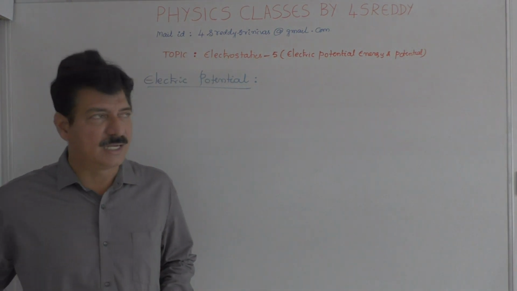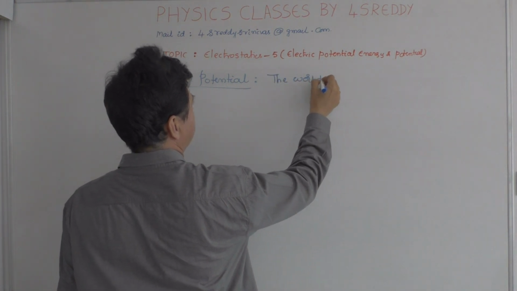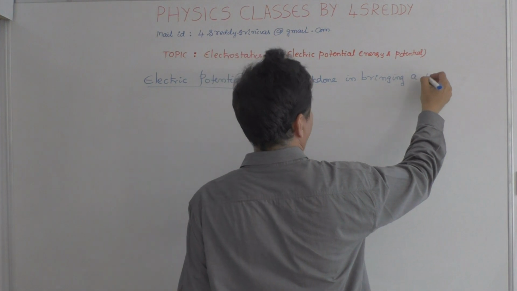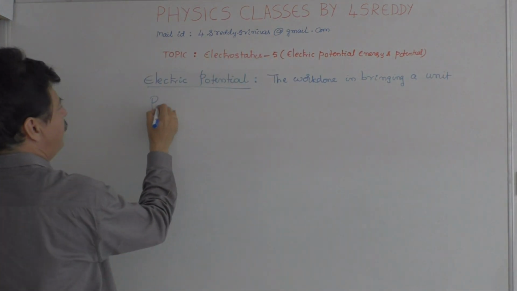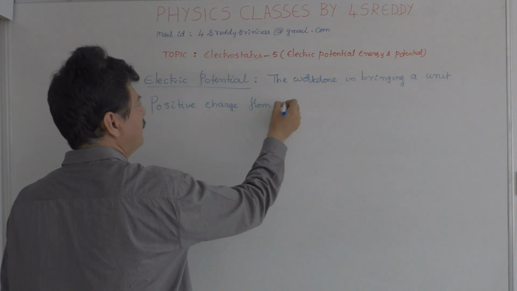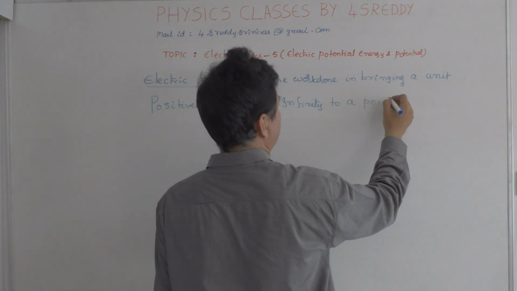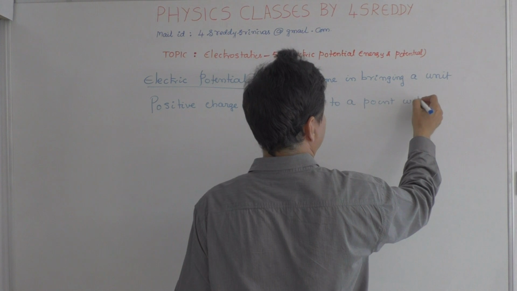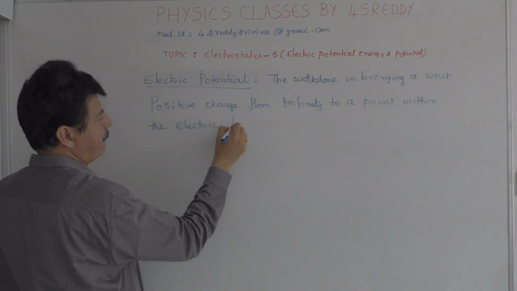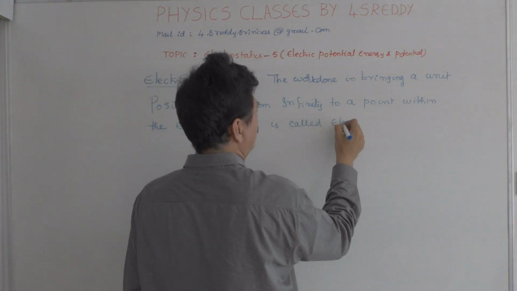That means here you can define that electric potential means the work done in bringing a unit positive charge from infinity to a point within the electric field is called electric potential.